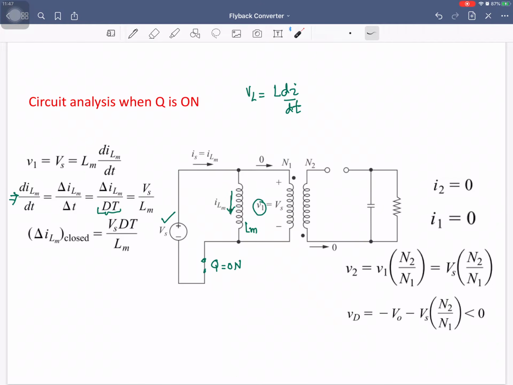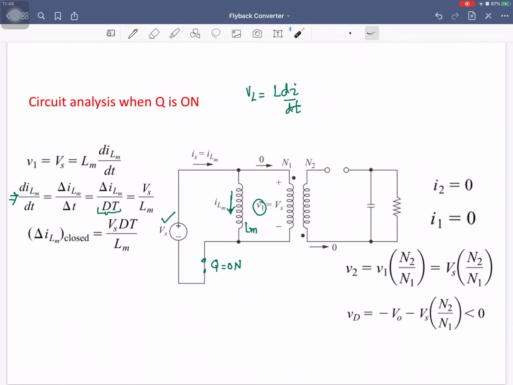So delta ILm by dt will be equal to Vs by Lm, because this Lm will be shifted over here, right? So the change of the current in the time dt through the magnetizing inductance will be given by this expression, the voltage across the inductor divided by its inductance.